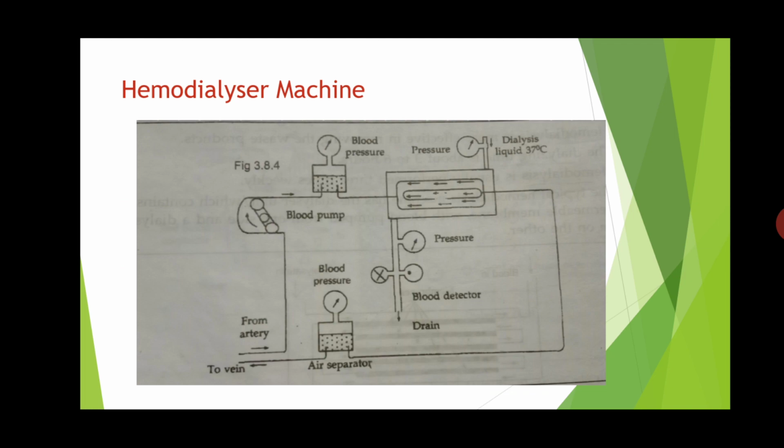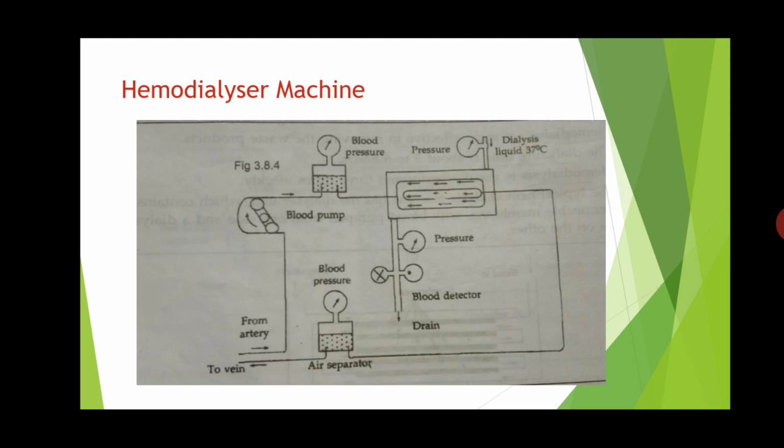Next, we will see the hemodialyzer machine. First, we will see what the need of the hemodialyzer machine is. So what is dialysis? The main principle of dialysis is that acute and chronic renal failure can be treated successfully by dialysis.